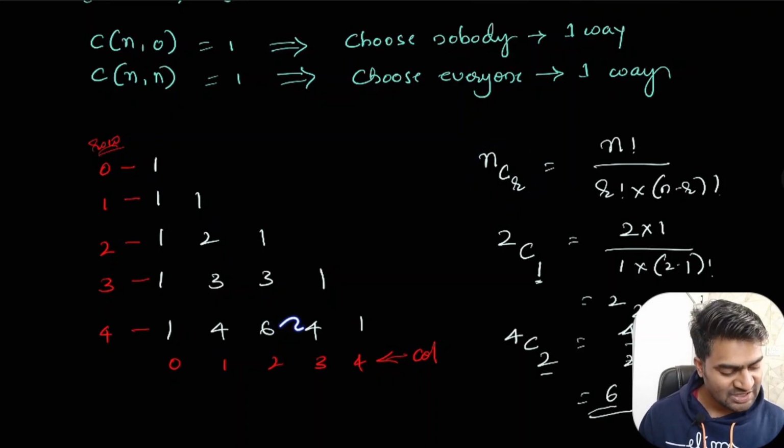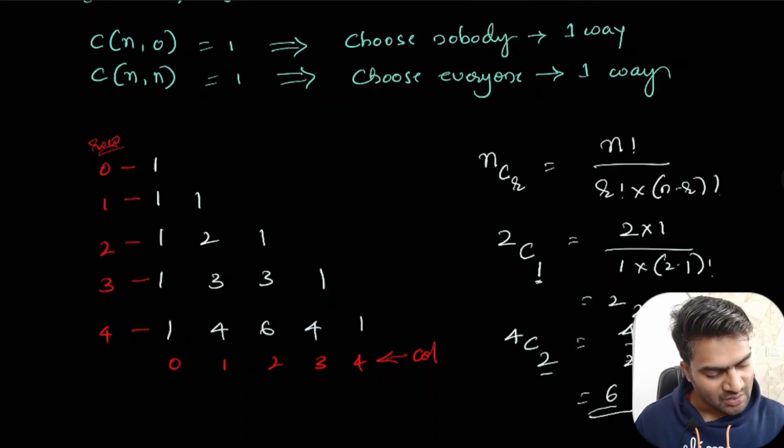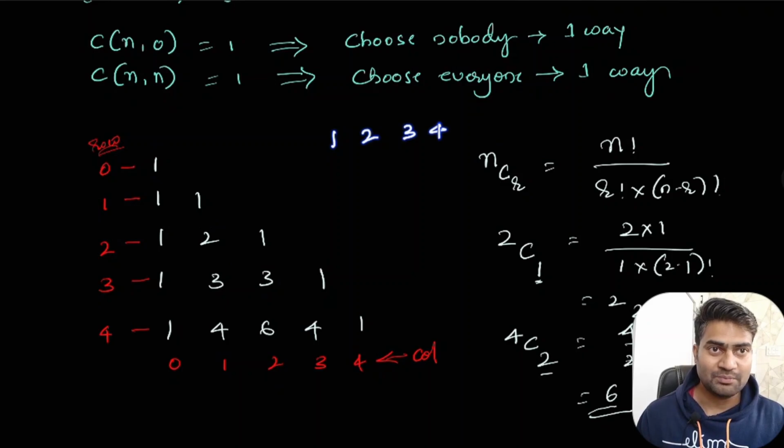What exactly does it mean? If there are 4 people and we have to pick 2 people at a time, how many ways are possible? Assume 1, 2, 3 and 4 are the people, and we pick 2 at a time.